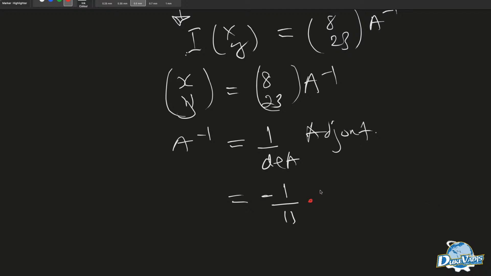So this multiplies the adjoint, which is negative 1, negative 3, and negative 3, and 2.